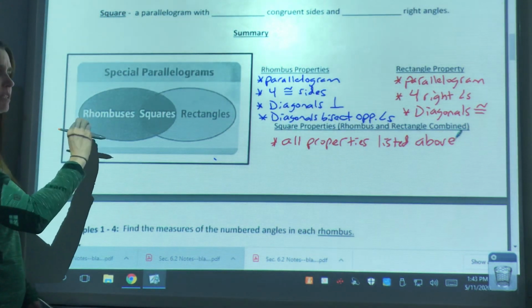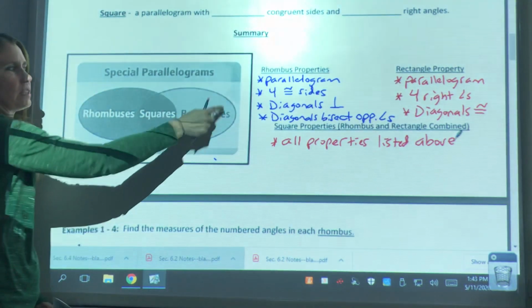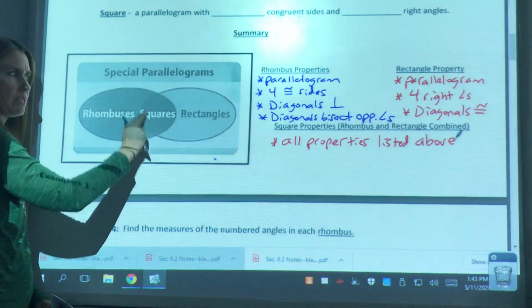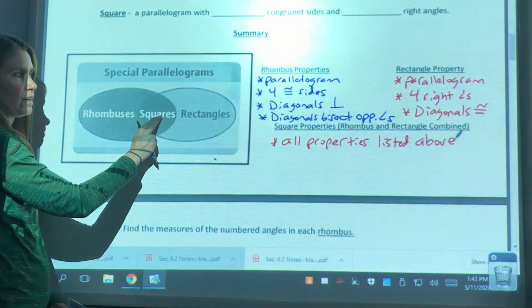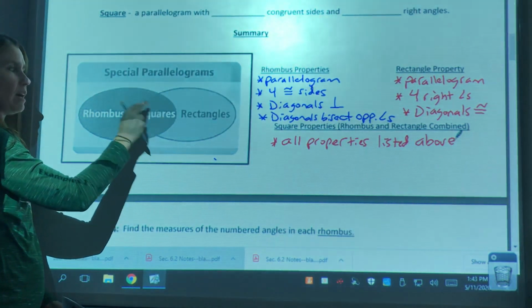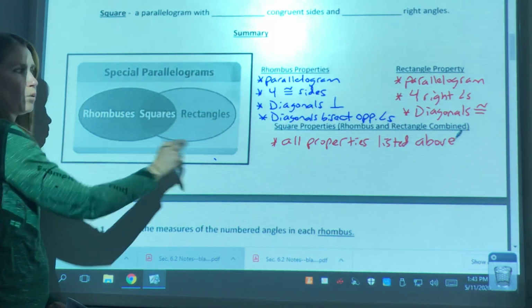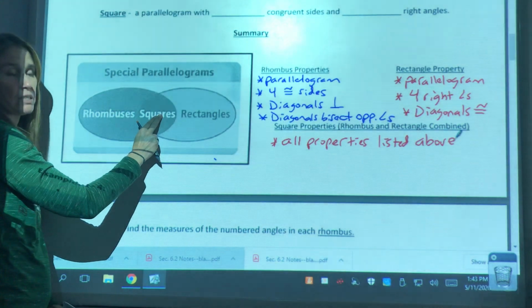But more specifically, I can see that the rhombus oval and the rectangle oval overlap, and where they overlap it says square. So what this is telling me is that a square is always a rhombus because it's in that rhombus oval, but a square is also always a rectangle because it's in that oval. It has all the properties of both.